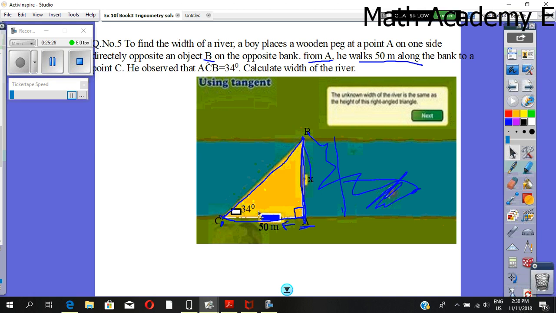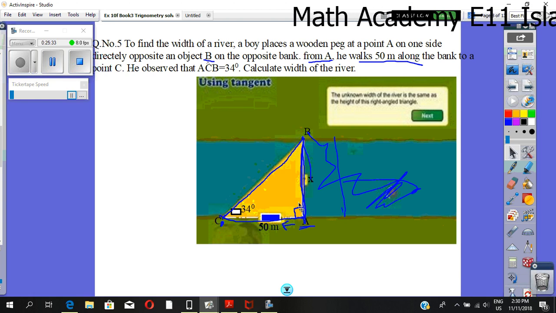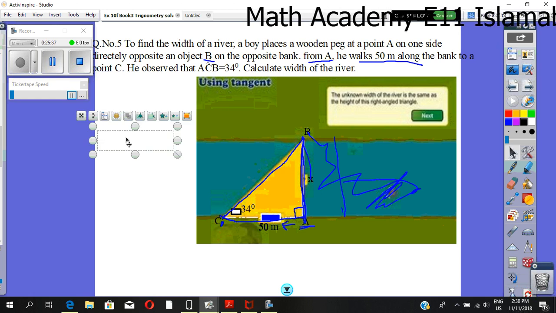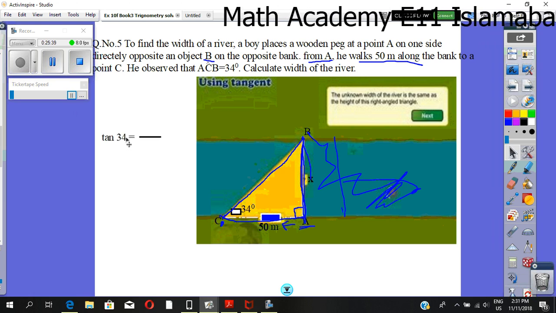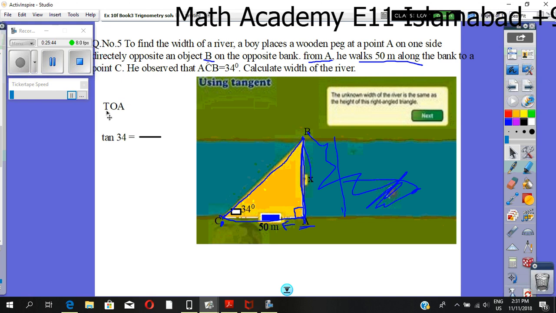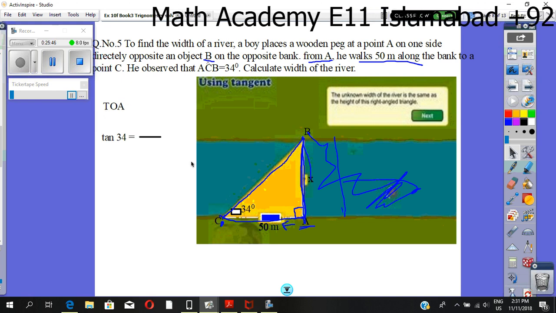One angle is given, and opposite of the angle is the river width, and adjacent is the 50. Think about what type of trigonometrical ratio we're supposed to use here. Again, we use tan theta, opposite over adjacent.